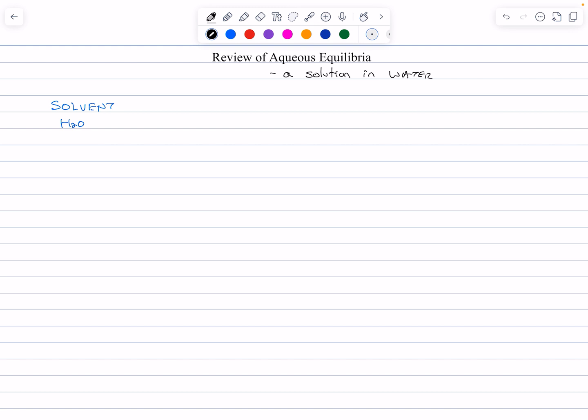For our situation, we want to define the solvent as the major component. It is what does the dissolving. And it's not in the equilibrium constant expression.